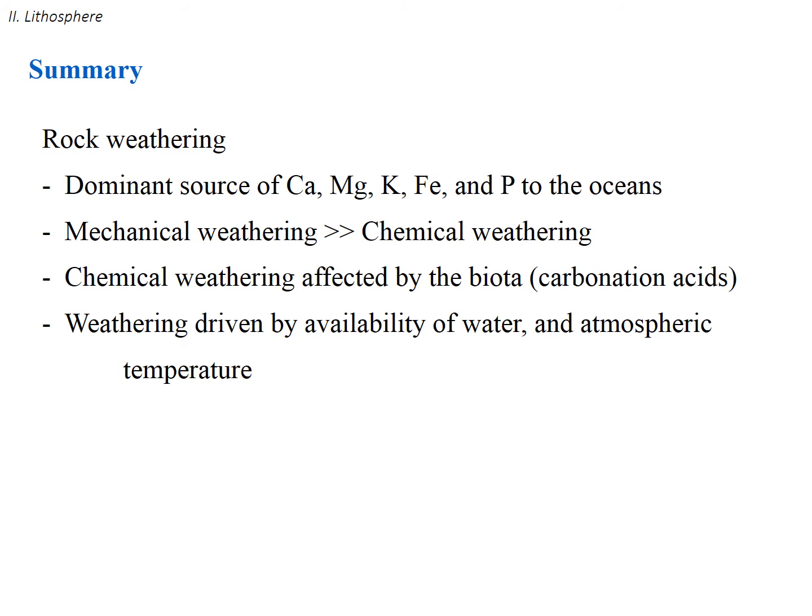Okay, to summarise the weathering side of things, it's the weathering of rocks, and so the interaction of the lithosphere with life, that is the only real source of calcium, magnesium, potassium, and iron. These are elements which are critical to life. If you want to have bones, who doesn't like bones, you need calcium.